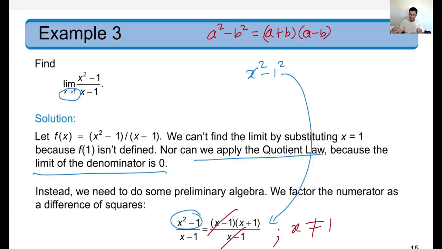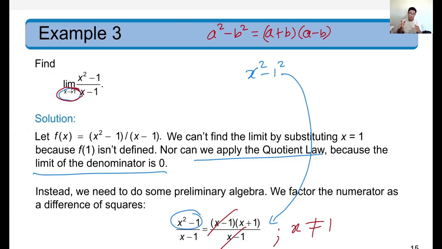Because otherwise at 1 it is 0 divided by 0, there is a problem. And that's okay. We can cancel here, and x not equal to 1 is okay, because as x approaches 1, you are only approaching 1. Remember the idea of the limit. We don't bother about what exactly happens at the value. We are only interested in values near that point.